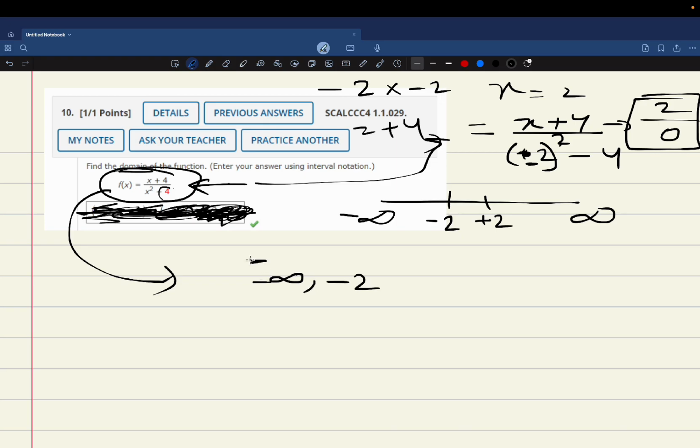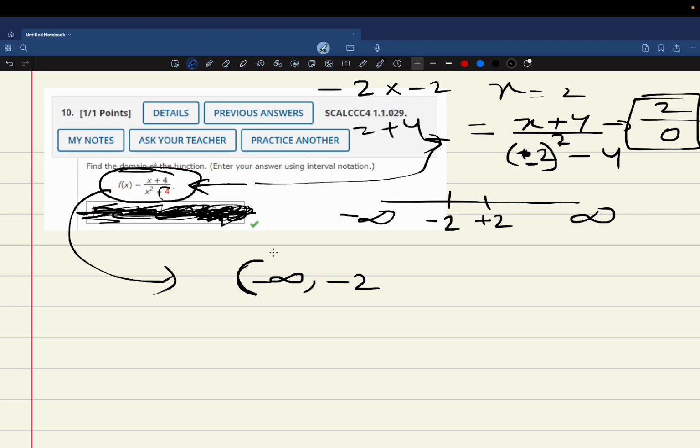Negative infinity can be included. Okay, I mean it's not this, so it is wrong. Negative infinity, you never know what it is. You will know one negative number, and then there is another negative number. So negative infinity, you never know what that is, so it does not include.